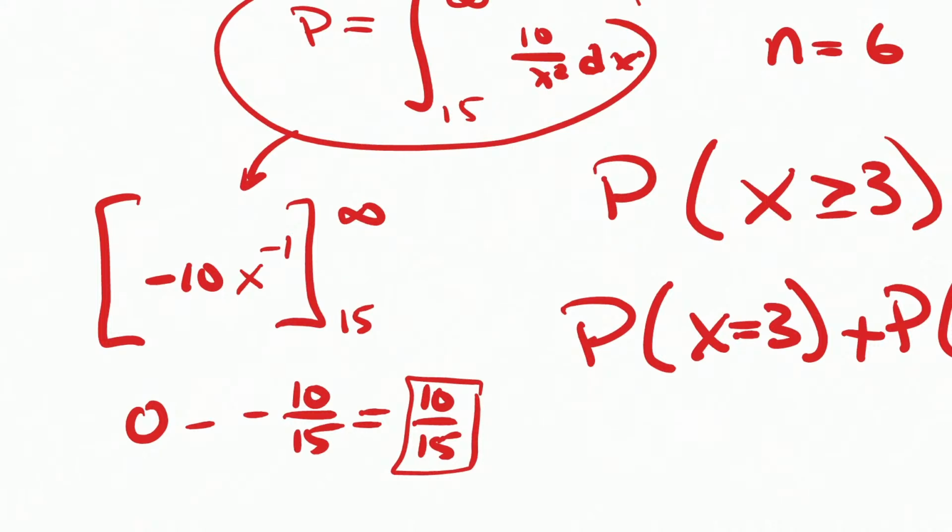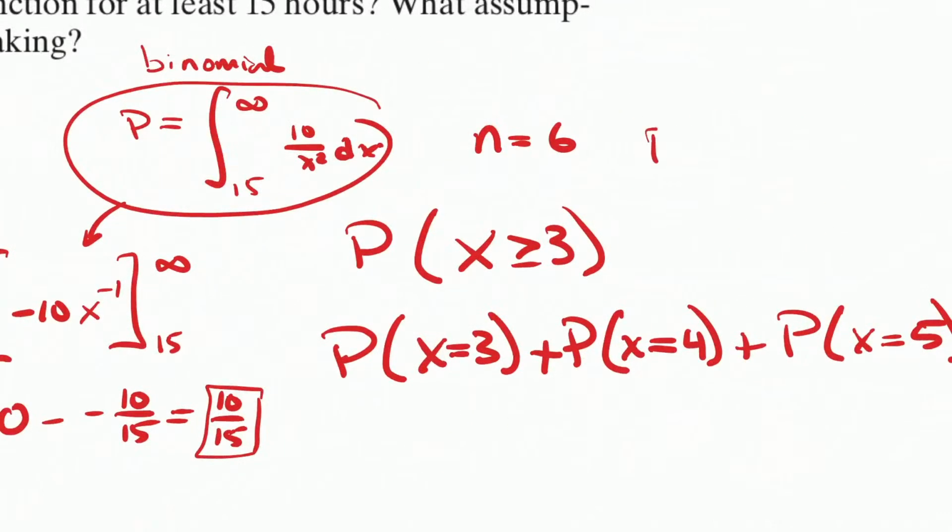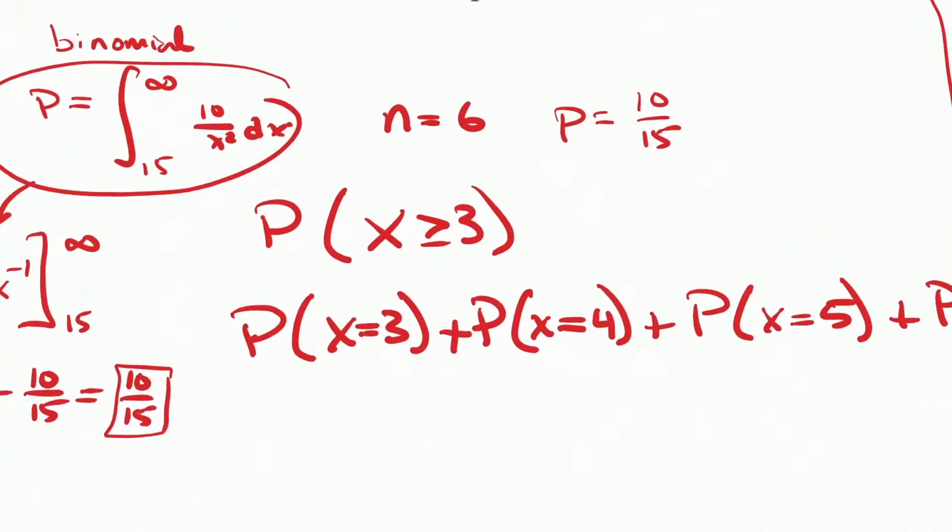So that's the probability that a device will last at least 15 hours. So that's the p here. P is 10 fifteenths. And then this is a binomial.